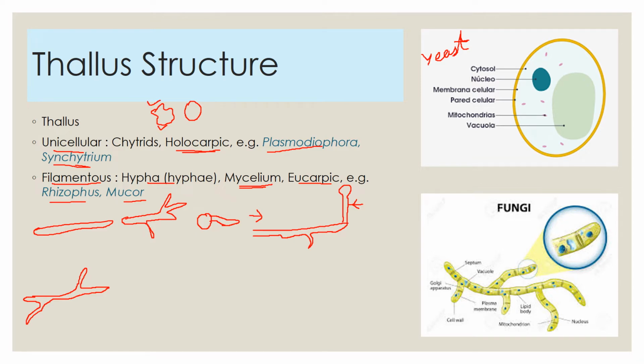That is, when they reach the stage of maturity and start to produce the reproductive organ, then septa, which are basically cross walls, are developed in the aseptate variety. Whereas here we see the septate variety, where septations are present right from the beginning. So there are two types of mycelium, septate and aseptate. We'll be discussing it more in the next slide.